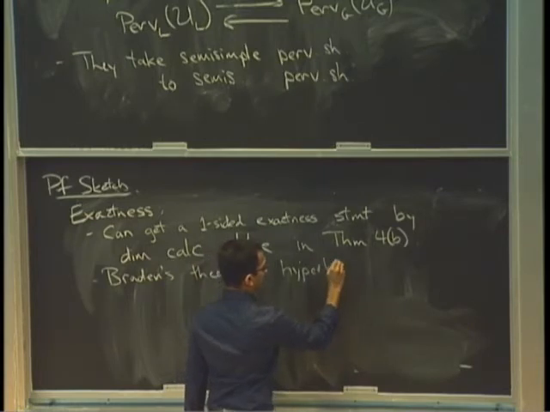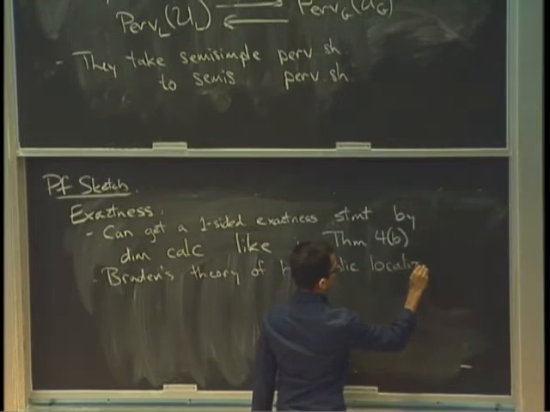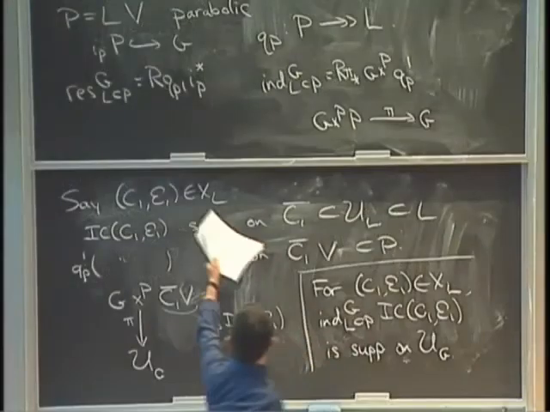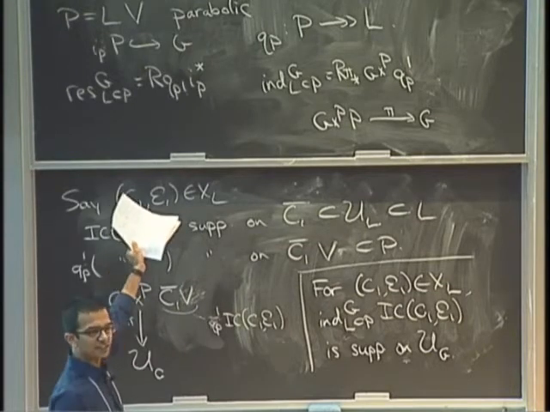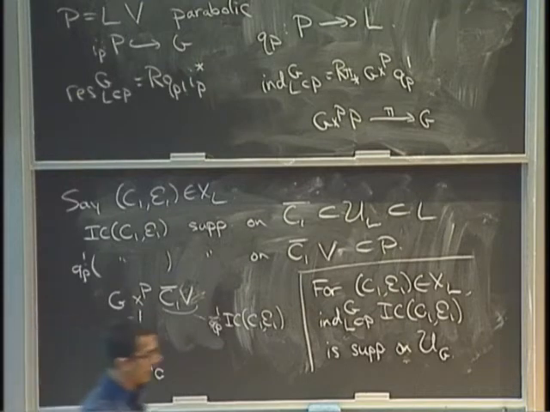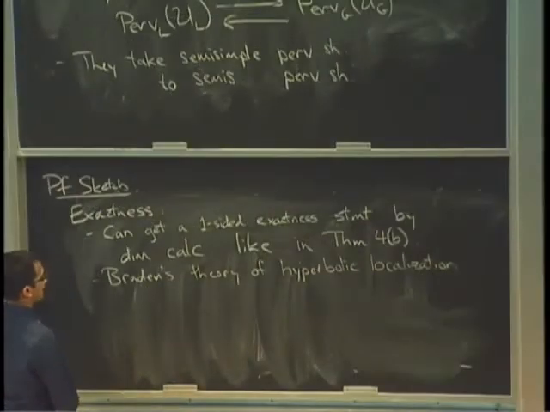I won't go into a lot of detail about what that is, but the main thing it does for you is that you can write down a formula for a functor like restriction, but with the stars and the shrieks reversed. That kind of functor is going to have the opposite exactness properties, and Braden's work tells you that it's actually the same functor. So it lets you skip a lot of hard work.